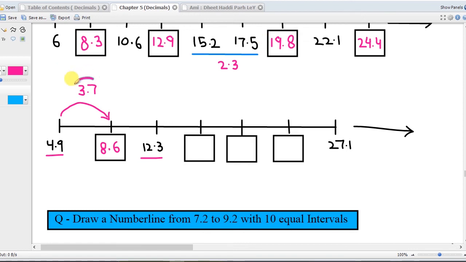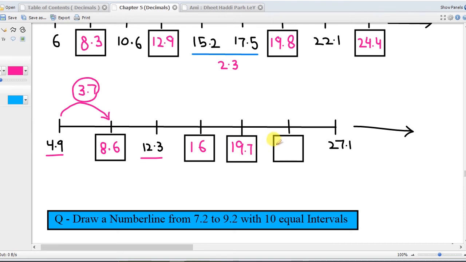So now add 3.7 to 12.3. The number we are landing on here is 12 plus 3 is 15, and 7 plus 3 is 10, so this 15 will become 16, right? The next number is add 3.7 to it. So 16 plus 3.7 is 19.7.